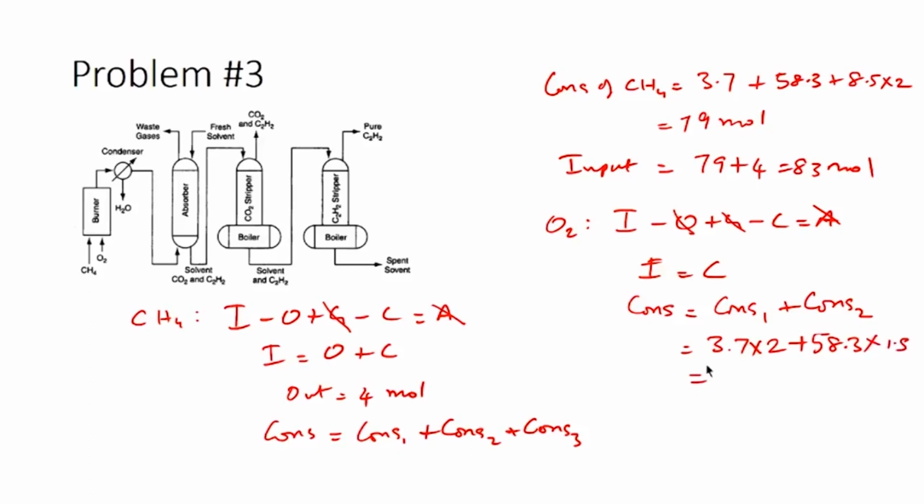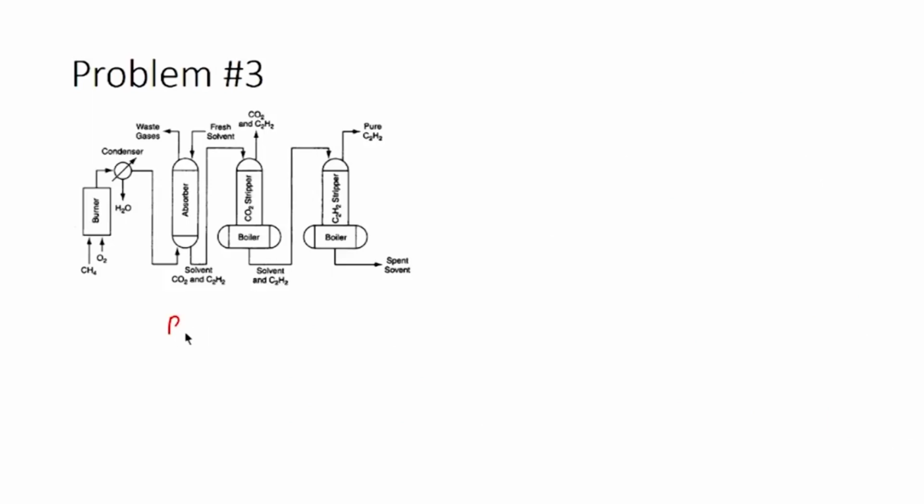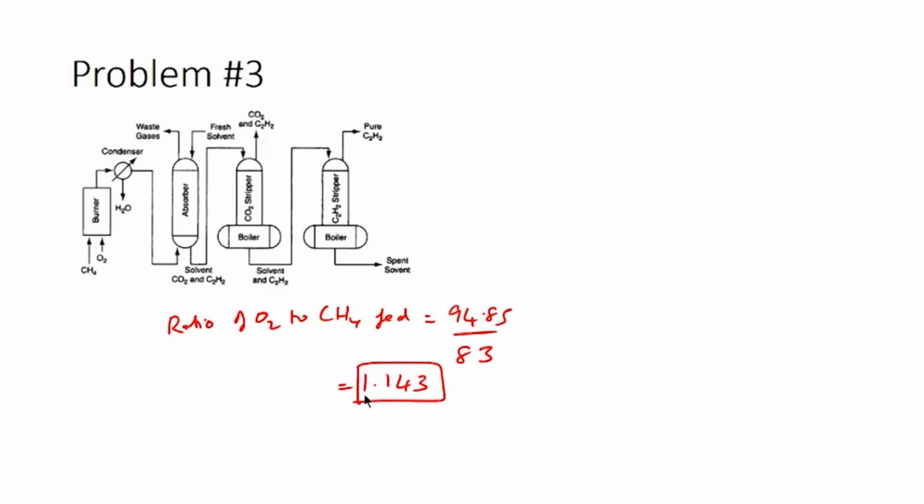So, the consumption is equal to 94.85 moles. Therefore, the input of oxygen is equal to 94.85 moles. Based on this we can calculate the ratio of oxygen to methane fed as 94.85 divided by 83, which is equal to 1.143. So, this is the ratio of oxygen to methane which is being fed.